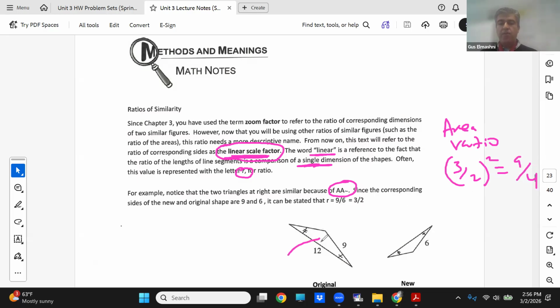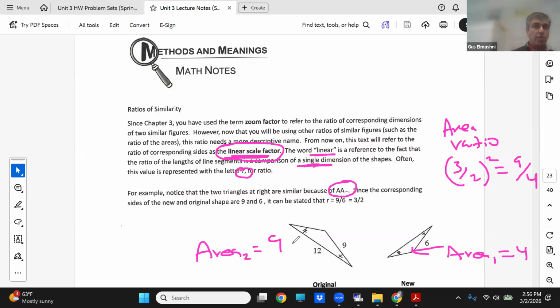So if area 1 is 4, then area 2 would be 9, because the linear scale factor is 3 to 2. Linear scale factor, that ratio, square it. So always square it, whatever the ratio is.